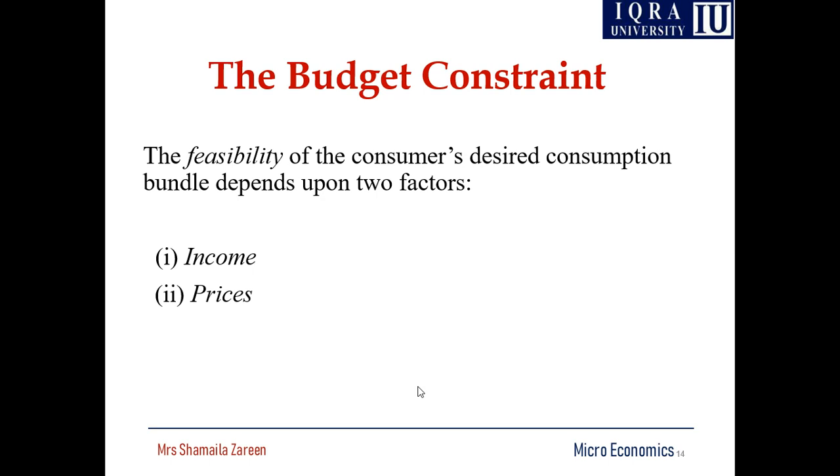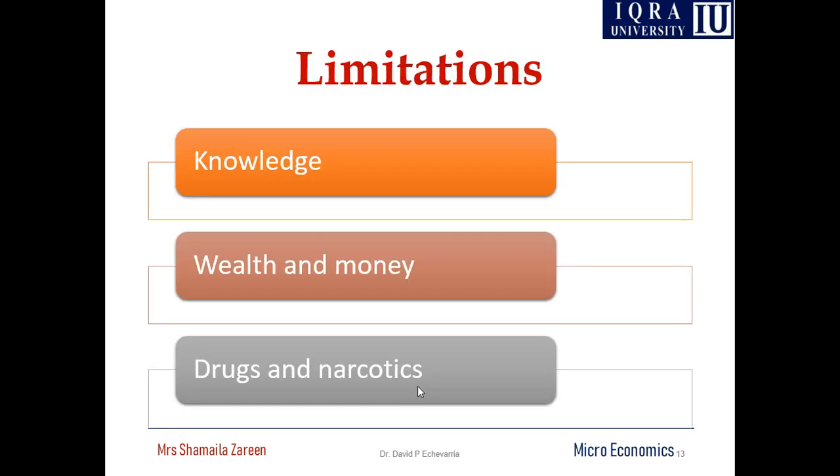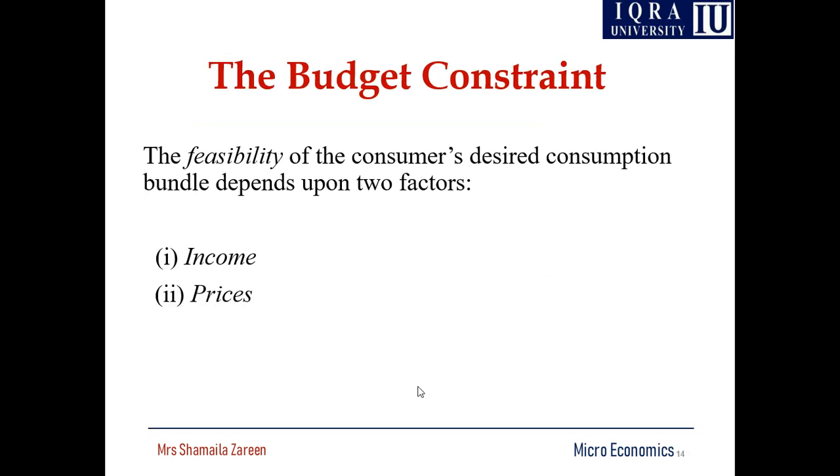The next approach we are using is about the budget constraint. The first approach, which ended in this slide of limitations, was the marginal utility approach, where utility can be measured in numbers. But next, when we talk about the ordinal approach, it means utility cannot be measured in numbers but can only be ordered.